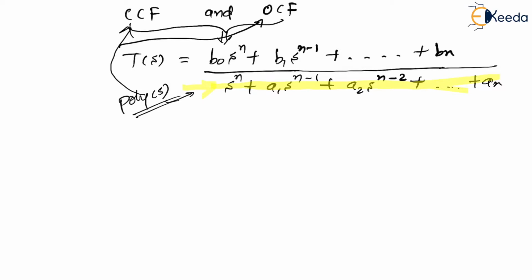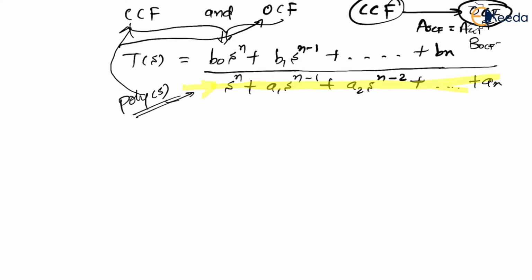Even there, we need to focus only on CCF, and OCF can be easily obtained from it, because A of OCF is equal to A of CCF transpose, B of OCF is nothing but C of CCF transpose, C of OCF is nothing but B of CCF transpose, and D is equal to D.